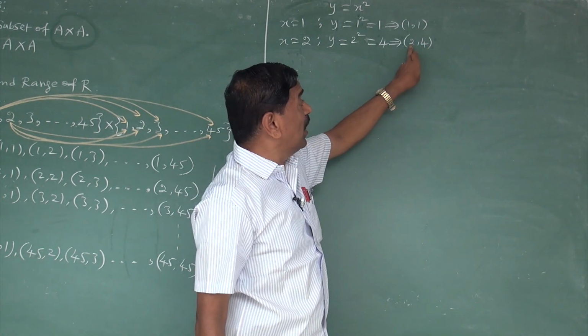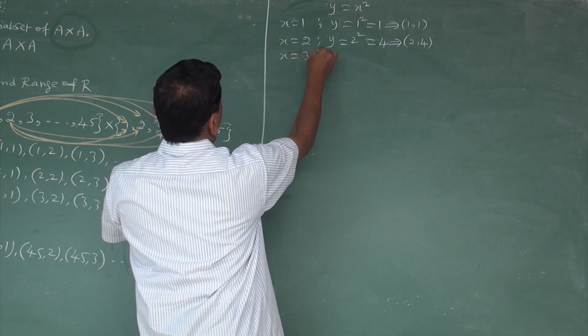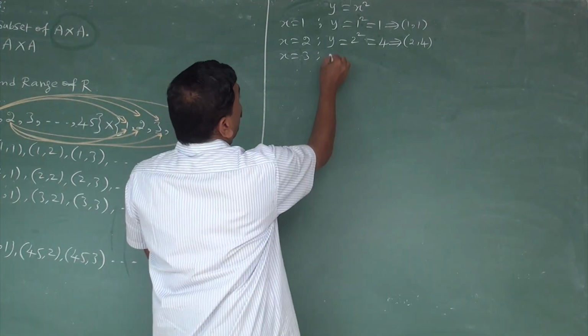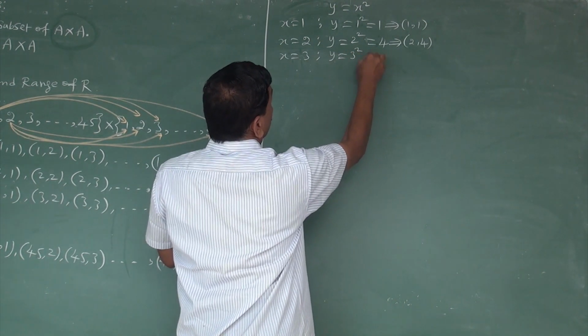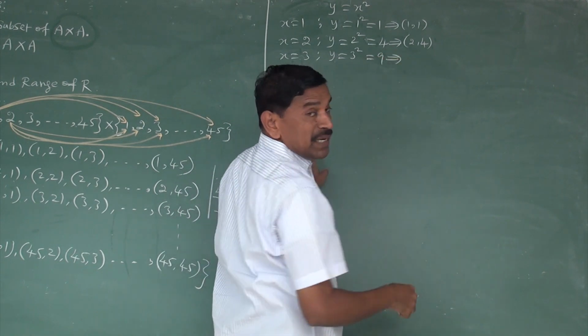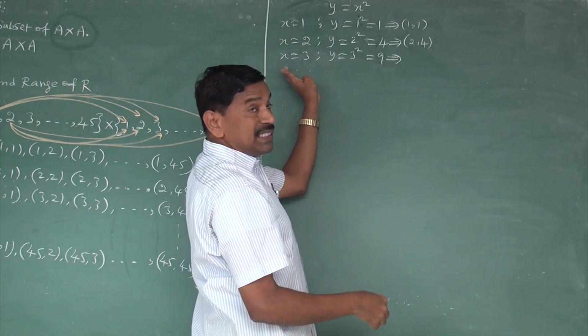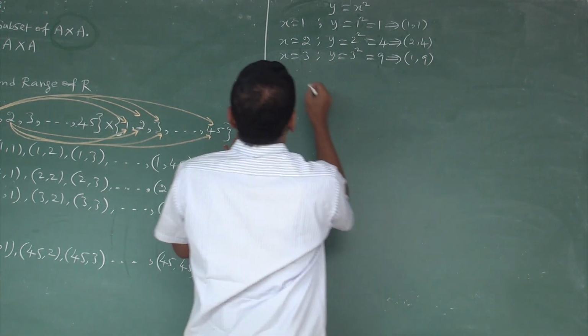That is, 2 is related to 4. Similarly, when x equal to 3, y is equal to 3 square, which is equal to 9. Which implies, express in ordered pair. When x equal to 3, y equal to 9. Therefore 3, 9. Okay, next.